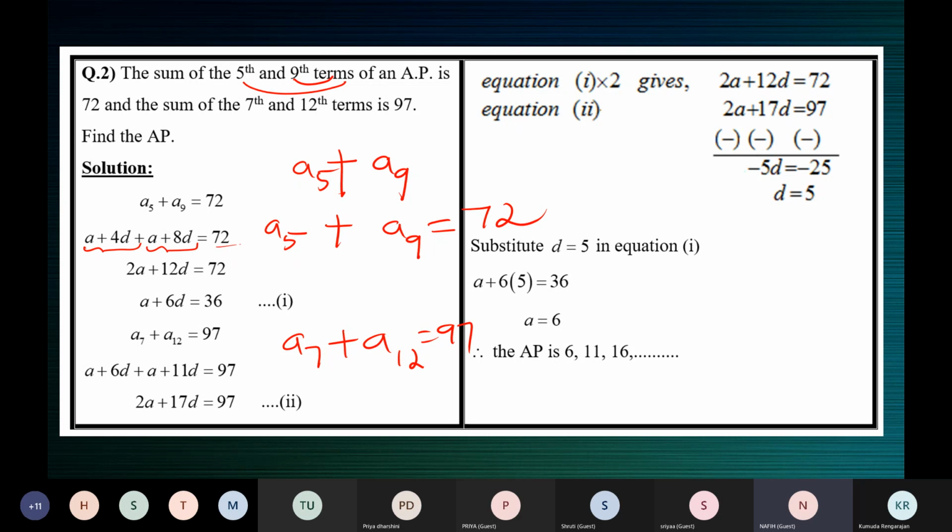And hence find the AP. Take a screenshot, children.